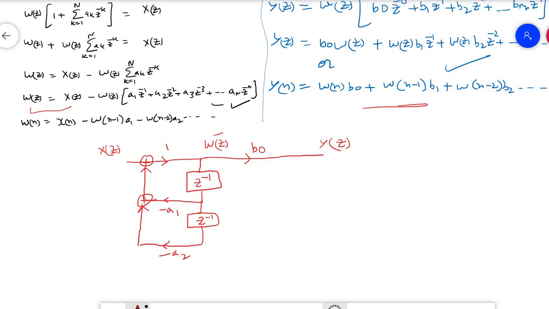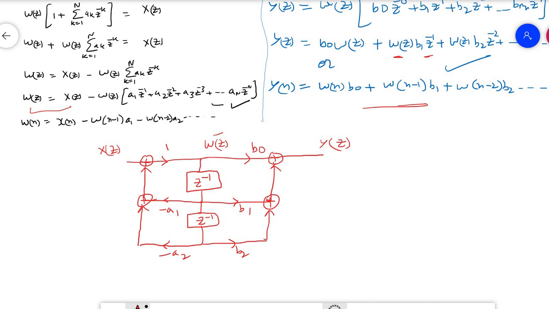Now in addition with this, z^-1 multiplied with W(z), then b1, addition with W(z) b0. So the structure is like that. Then after that z^-2, so z^-1 converts into z^-2, and b2, place an adder here and check out the results.